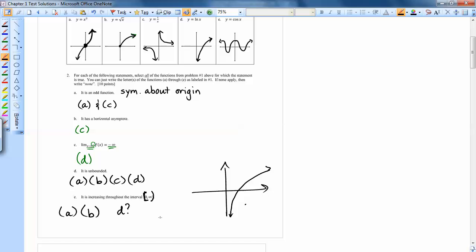So D is increasing on the interval 0 to infinity, where 0 is not included, but it doesn't exist at 0 with the bracket. It doesn't exist at x equals 0, so you would say that it's not actually increasing or decreasing there. It's doing nothing there. So D doesn't count, just A and B.